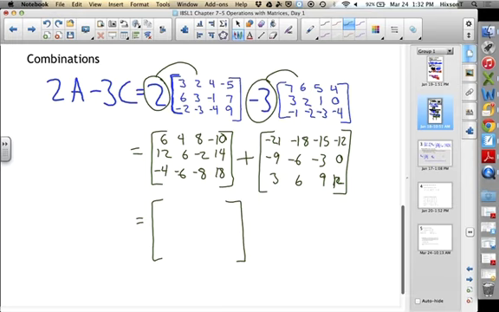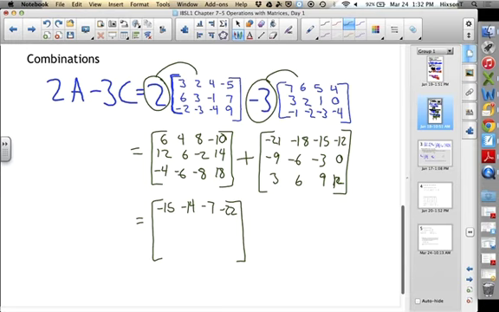Alright. So that's what you ought to get when you do the 2 times A and the negative 3 times C. And now we can do our matrix addition, subtraction. So does someone want to give us their first row? Negative 15, negative 14, negative 7, and negative 22. Good.